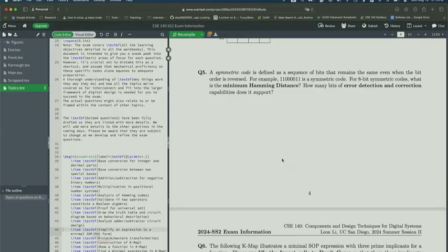And because of the symmetric property, you cannot construct 2 valid codes that differ by only 1 bit. If they differ by 1 bit on the left, they'll also differ by 1 bit on the right because it's symmetric. So 2 valid numbers differ by at least 2 bits. So their minimum Hamming distance is 2, which allows you to do 1-bit error detection and 0-bit error correction.